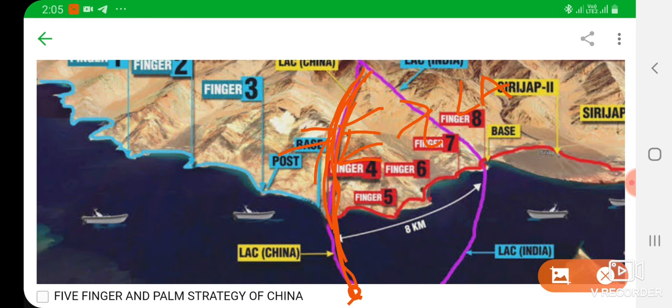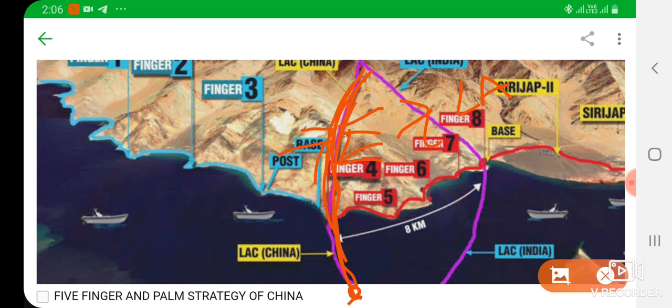And ultimately, the main aim of the Chinese by moving step by step here is that they want Ladakh. Here lies Ladakh, and all these small steps are for acquiring Ladakh from us, because their strategy is the five finger and a palm strategy, which we will discuss later.